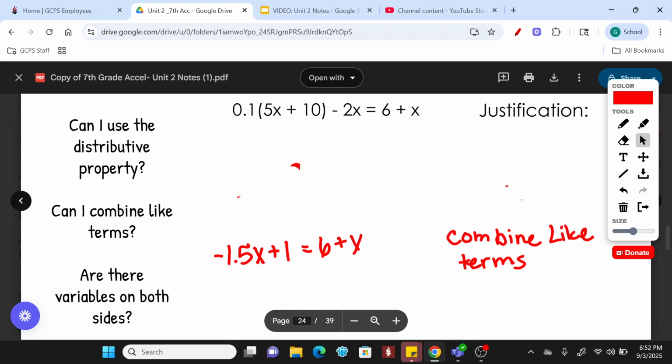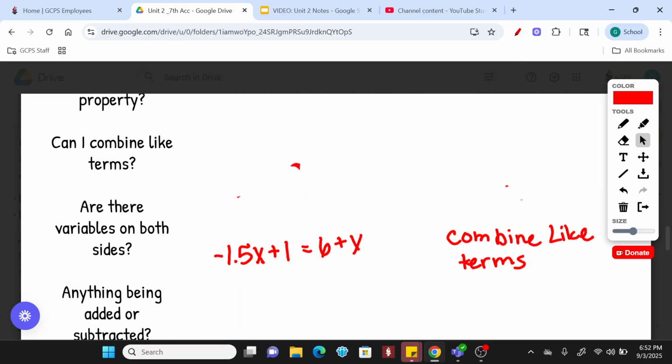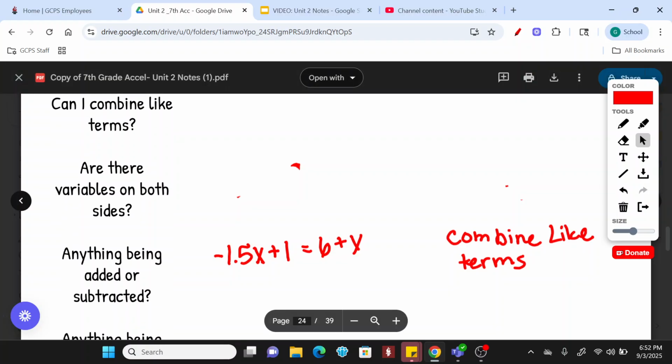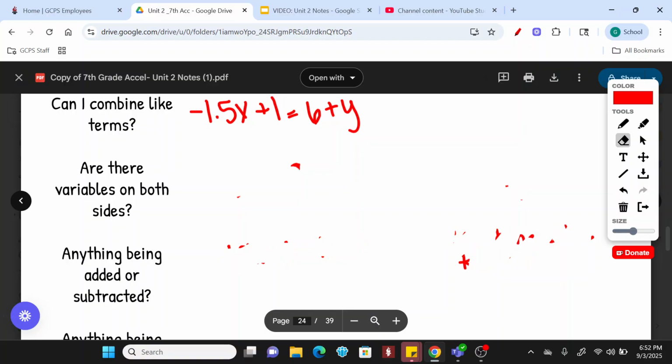However, maybe I can... It'll be okay. Okay, so we combined like terms. So I'm going to rewrite. You do not have to rewrite this. I'm just trying to figure out the best way. And then now it's combined like terms.